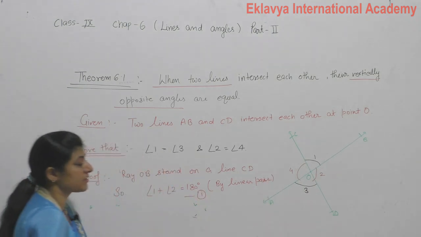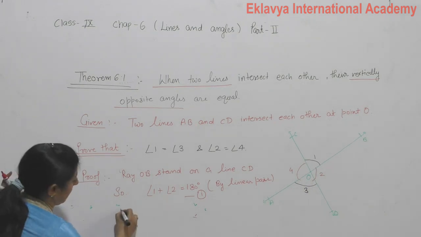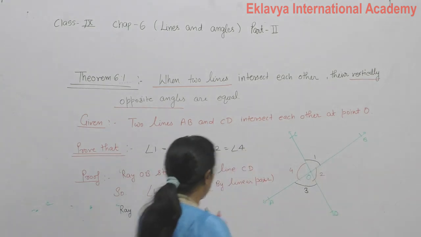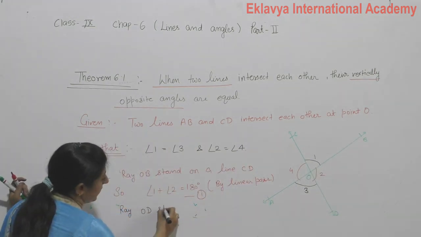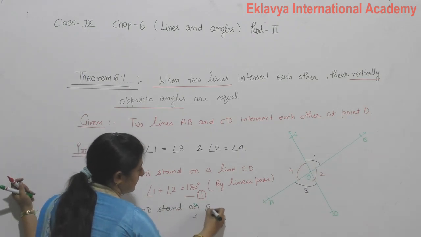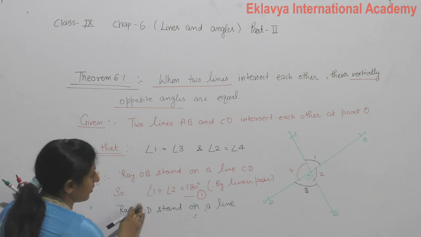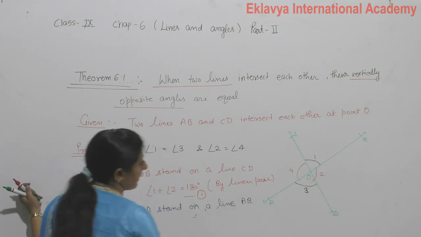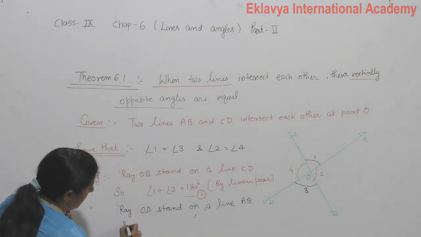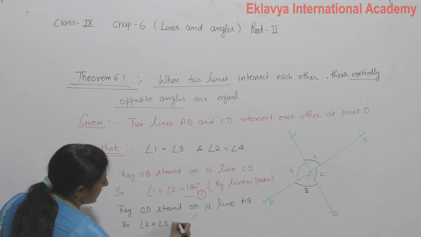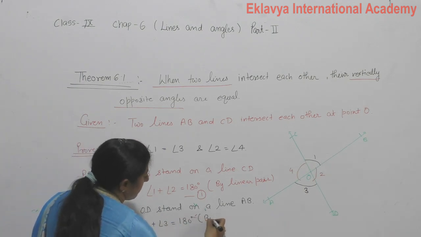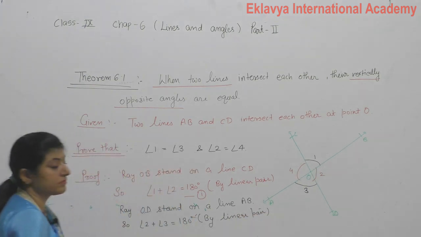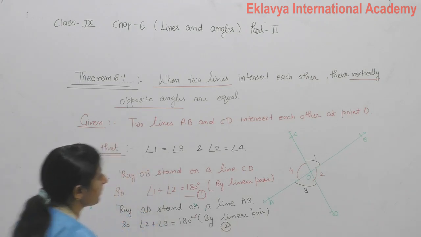Equation first. Now see, I take line AB, ray OD. Ray OD stands on line AB. Then we can say angle 2 plus angle 3 is equal to 180 degrees by linear pair. This is equation 2.